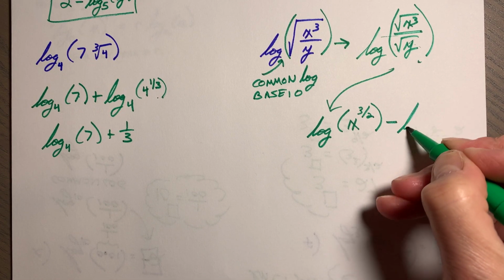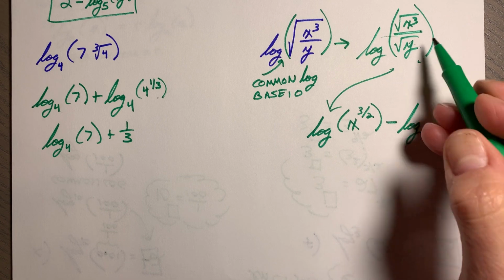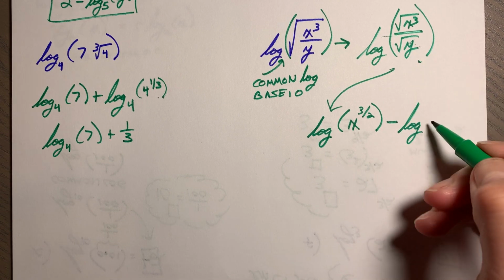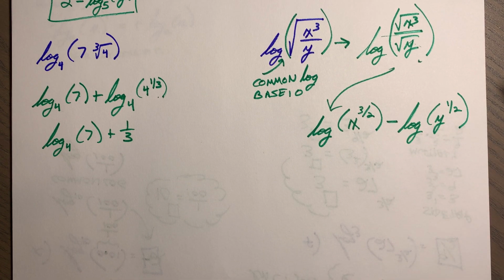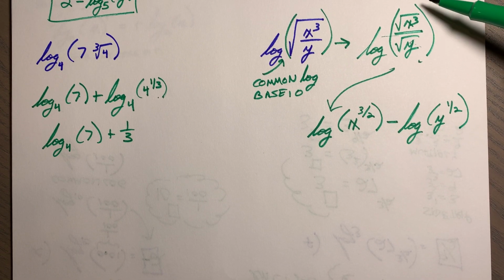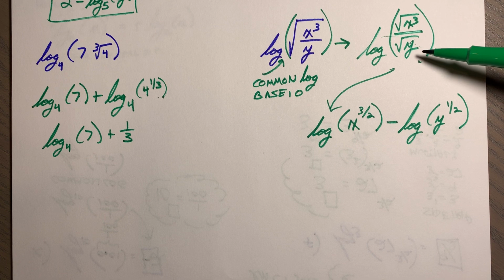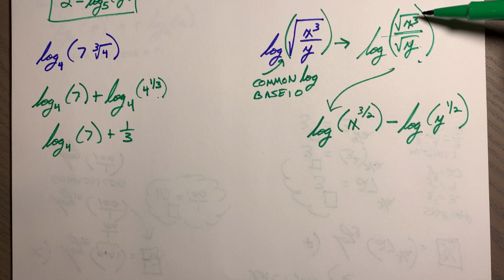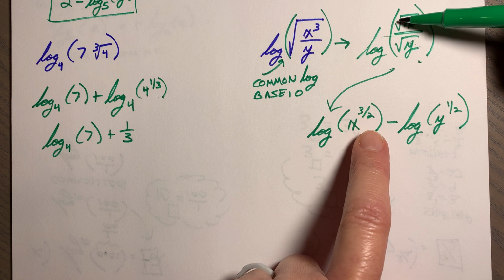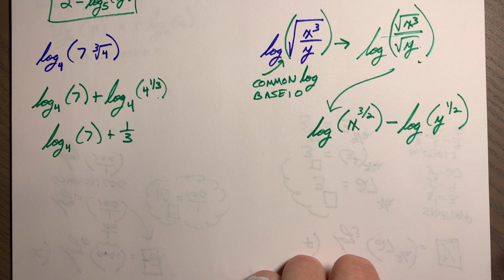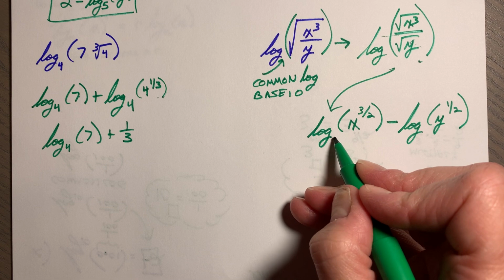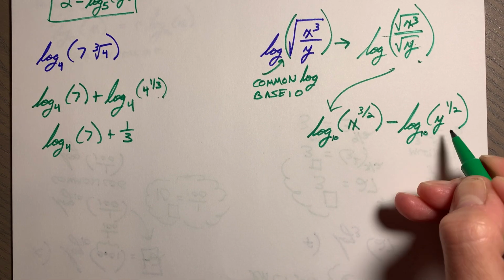And then we're going to subtract common log of the square root of y, which I'm going to write as y to the 1/2. And so we're really relying on those fraction exponents instead of the radicals. Up here, we've got a power of 3, so that's our numerator, and a square root, so we have 2 as the denominator. And now let's see. The unwritten base here, which I'm just going to write in to remind us, is base 10.